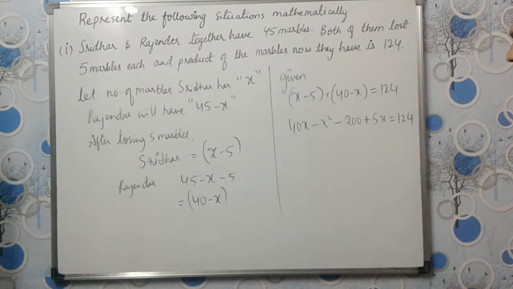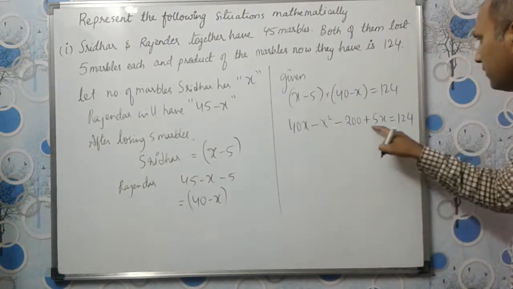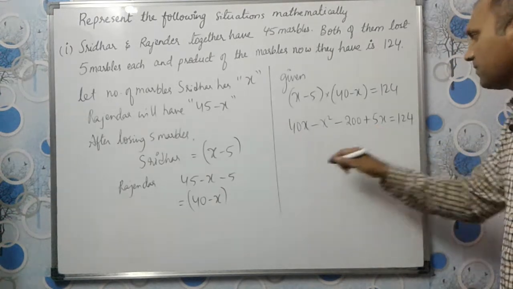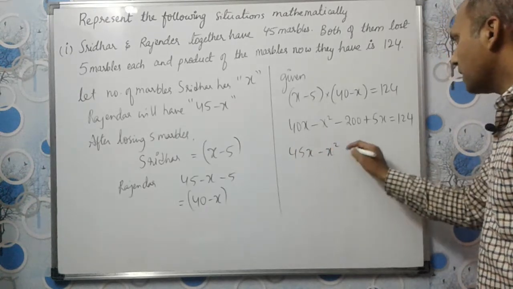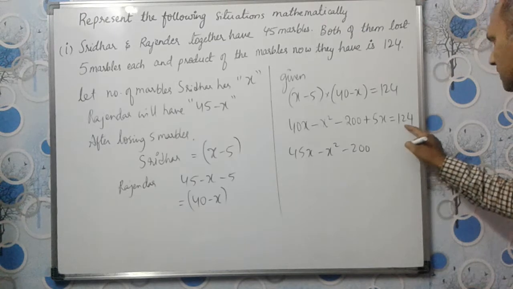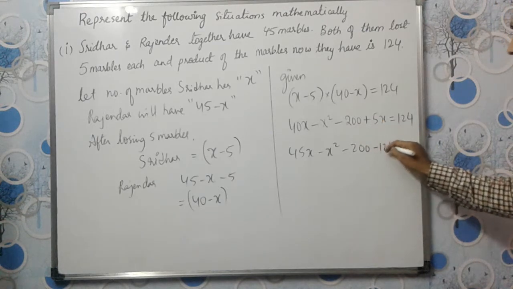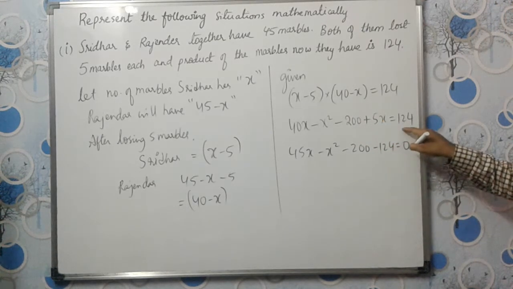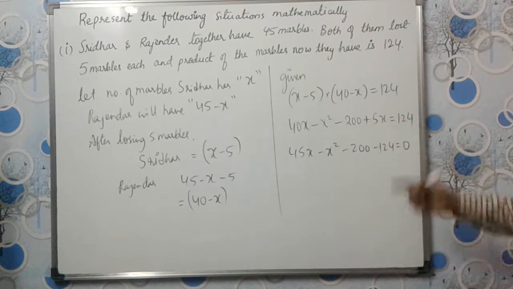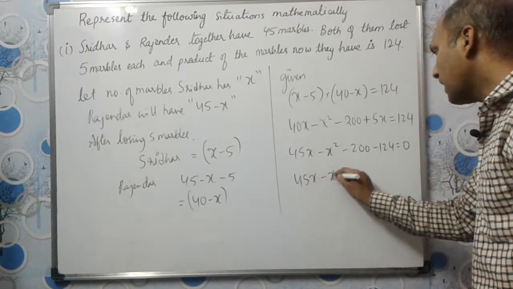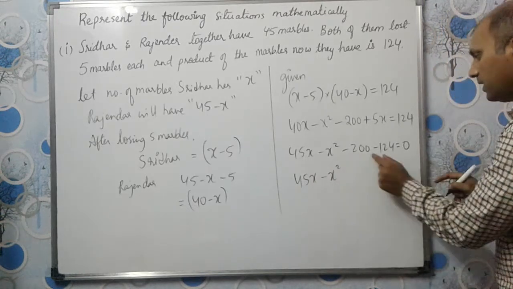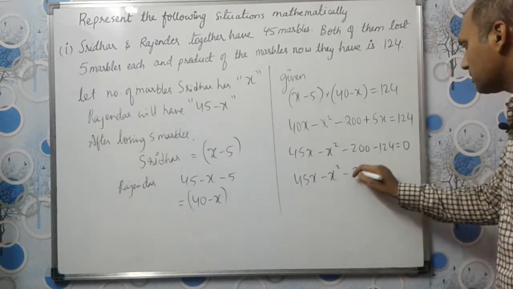Now we have 40x and 5x, 40 plus 5 is 45x, minus x square, minus 200. This 124 goes to the other side and becomes minus. Here it is plus, when it comes to the other side it becomes minus. Now we have 45x minus x square, minus 200 minus 124, which is minus 324.